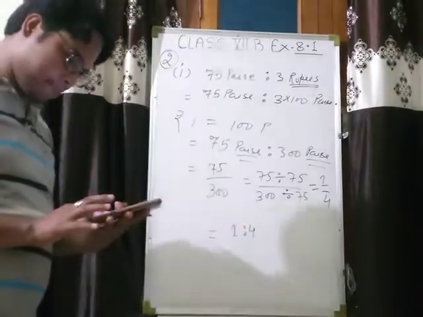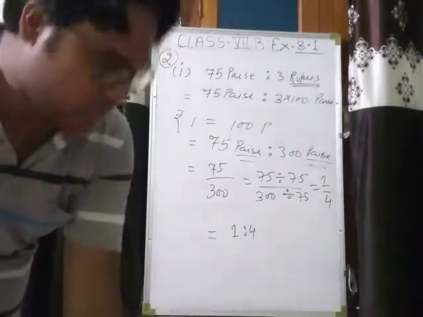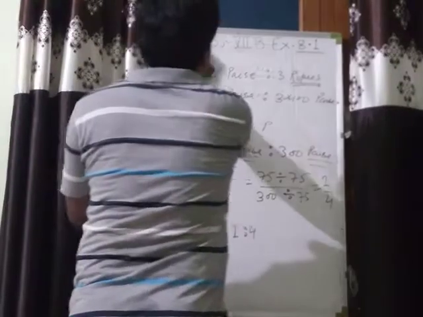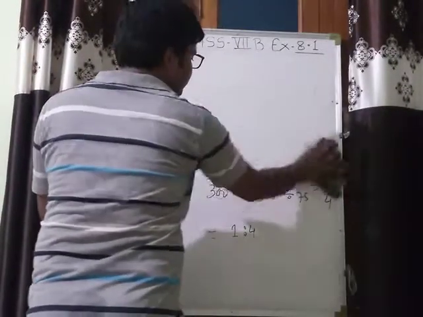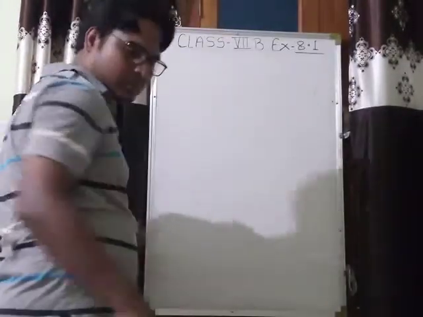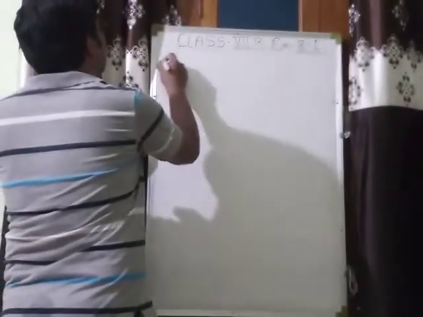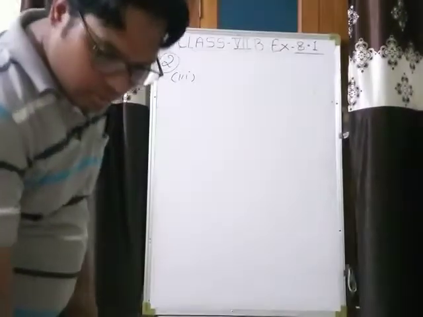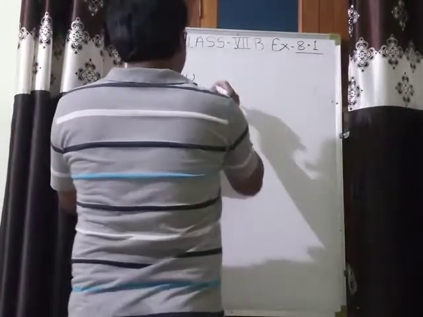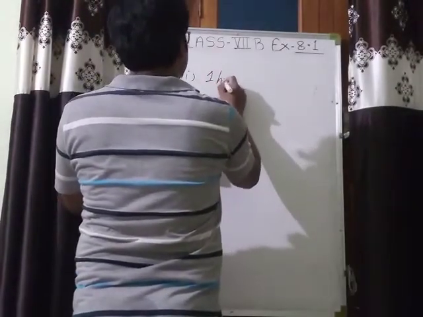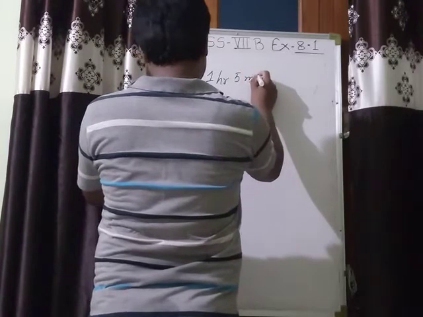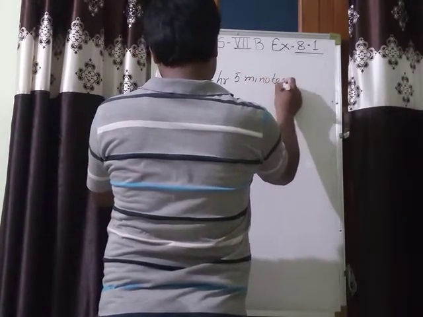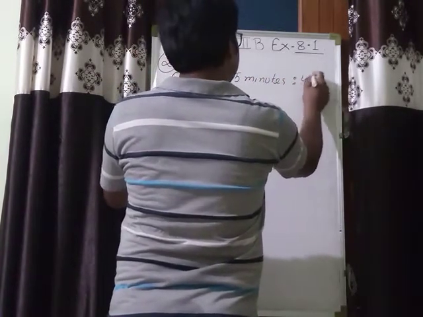Now question number third of the second one, that is the second one, third question. 1 hour 5 minutes is to 45 minutes.